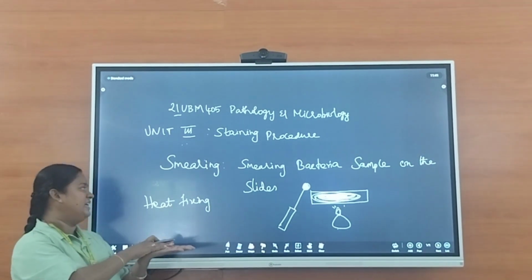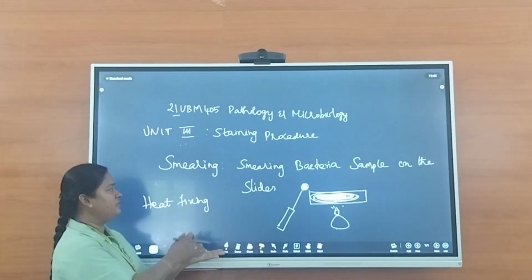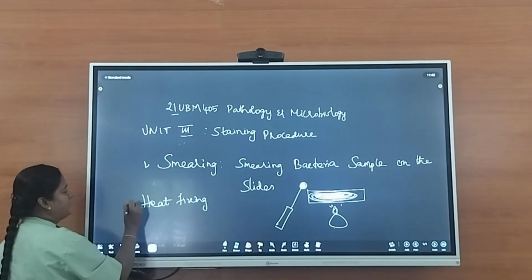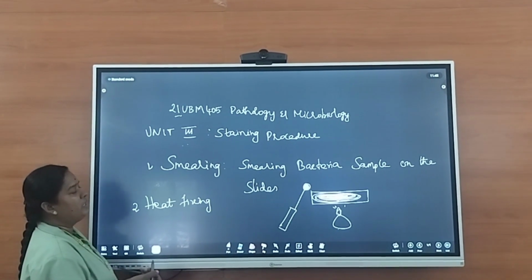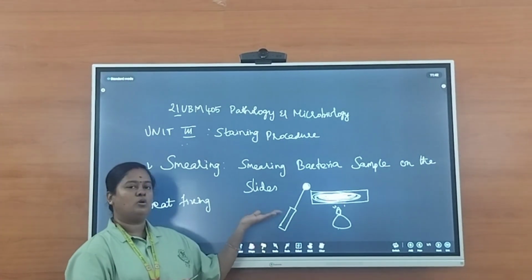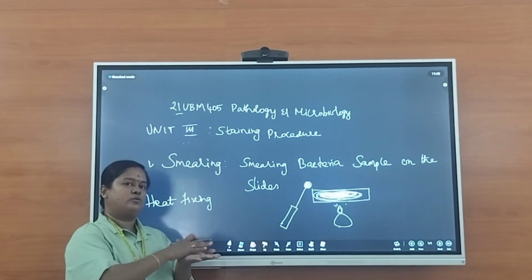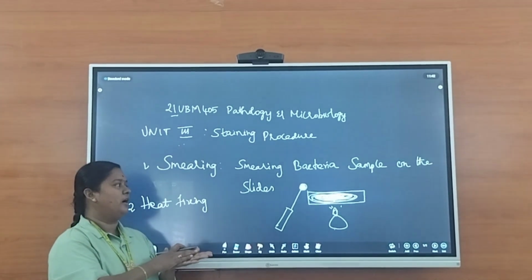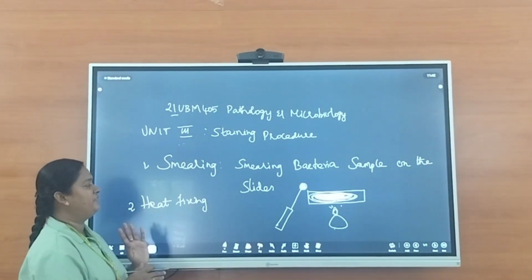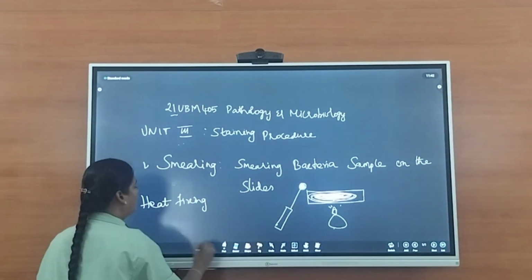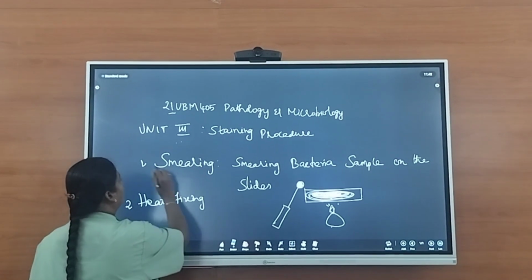So this is called heat fixing. The first step is smearing, the second step is heat fixing. It is used to fix the bacteria on the slide so that while washing, it should not go out. So this is the second step, and we can move on to the third step.